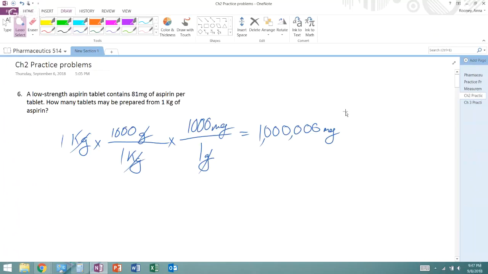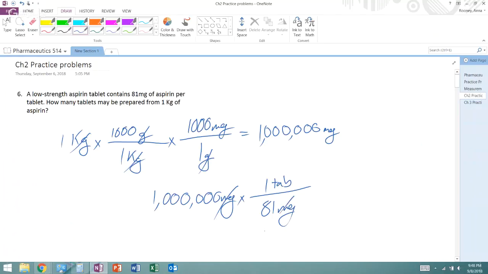Normally what I would do is, oh, why are you being like that? No. So normally I would not say, writing this next to it, but I was going to try something fun. So then take our million milligrams, and we want to find out how many tablets we can make.